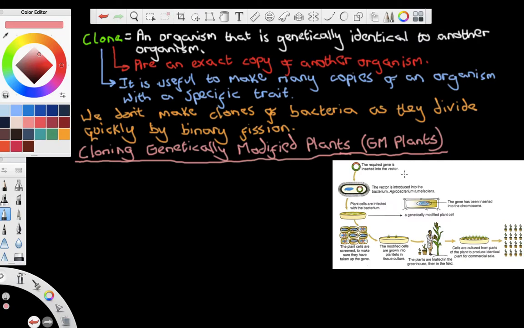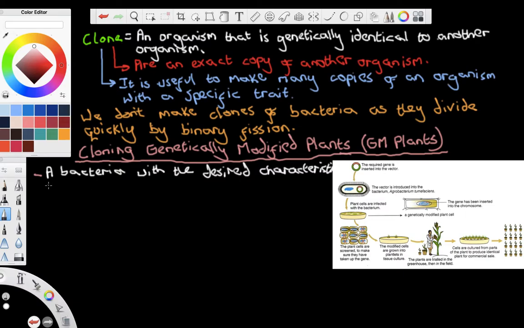And we can say that, first of all, a bacteria with the desired characteristic is used to infect plant cells.